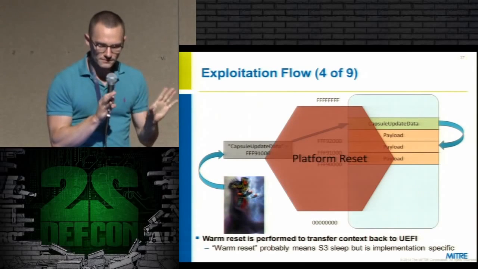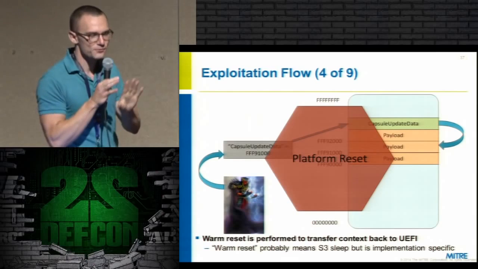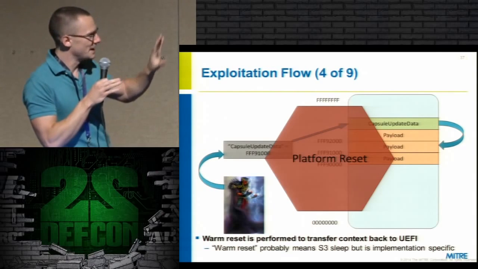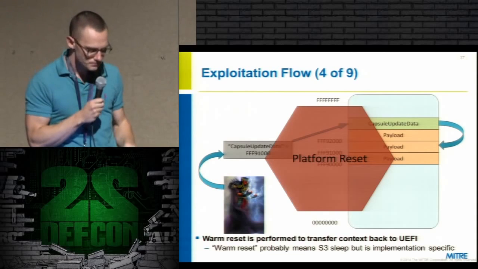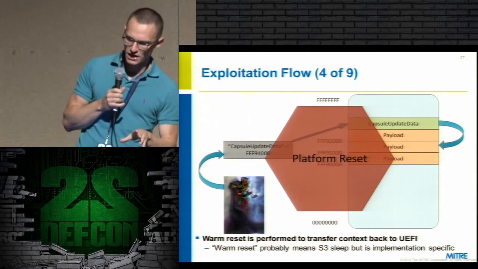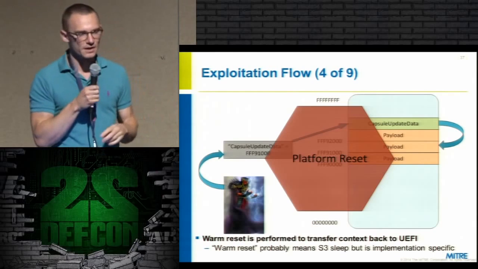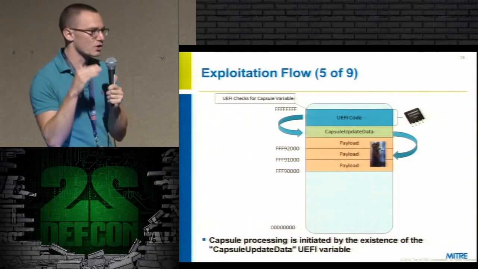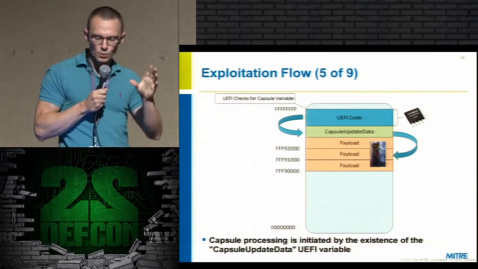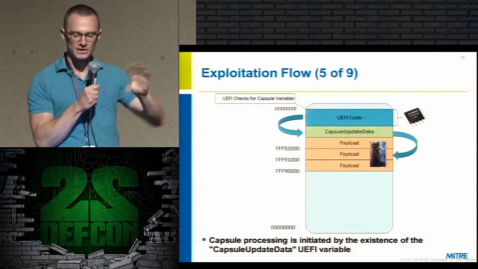And then this is where I'm going to wave my hands a little bit. A platform reset occurs. This actually is a bit implementation specific and depends on what hardware you're actually running on. In most cases, this is going to mean S3 sleep, but it could mean other things depending on your hardware. So once the platform reset occurs, UEFI is going to regain control. You're going to be executing in the context of UEFI.